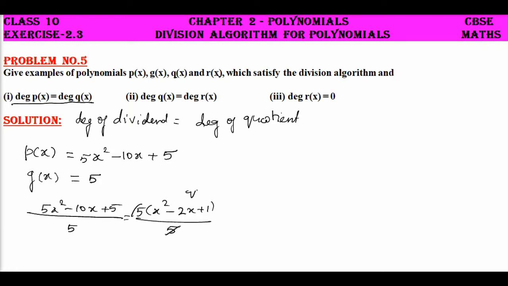So this is my quotient q(x). So q(x) equals x square minus 2x plus 1. And the remainder r(x), as 5 is a factor, is 0. Right? So here degree of p(x) is 2 and degree of q(x) is 2. Therefore, we have found polynomials satisfying the condition degree of p(x) equals degree of q(x).